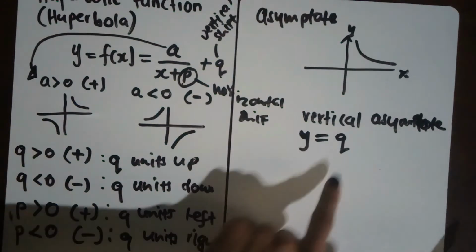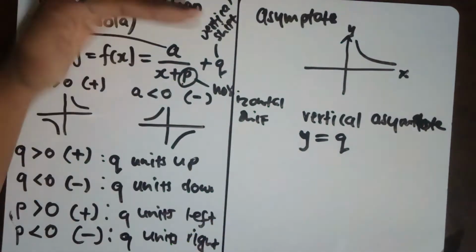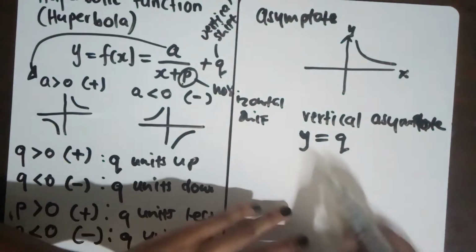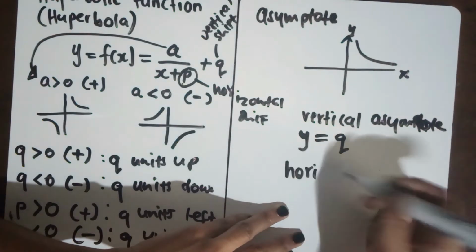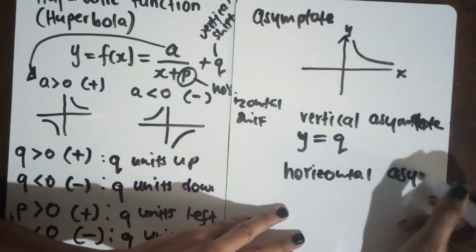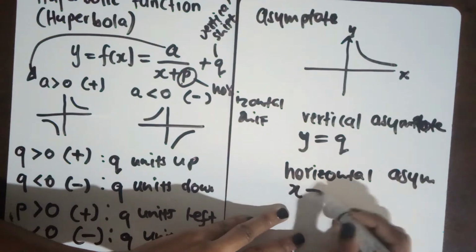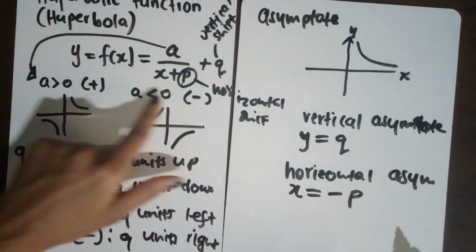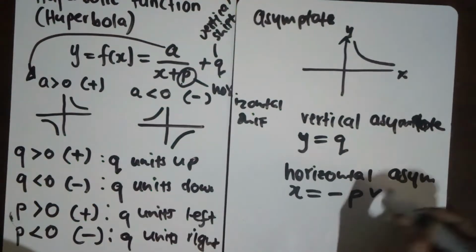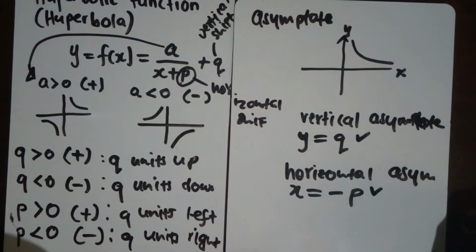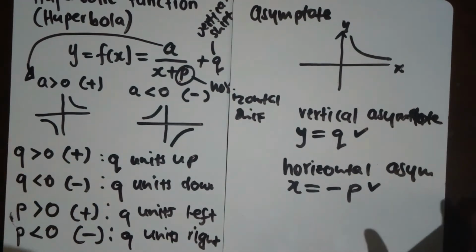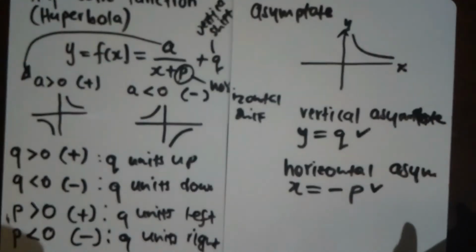So the value of q in your general formula will give us our horizontal asymptote. And our vertical asymptote is given by x equals minus p. So whatever the value of p is, you put a negative in front of it, and then you find those two asymptotes, right? I think that's more or less some of the things that you need to know before we delve deeper into plotting them.